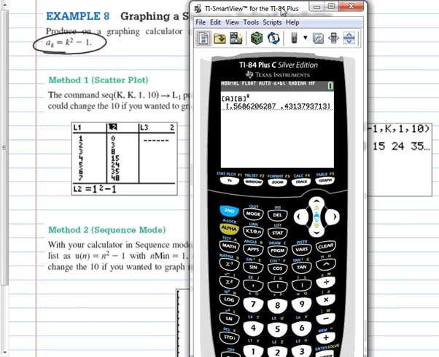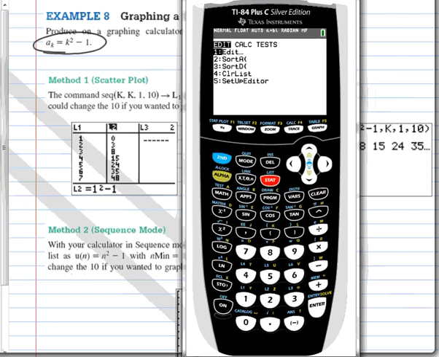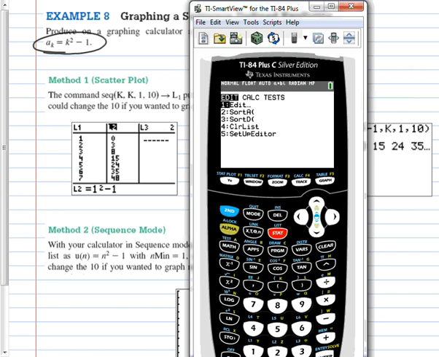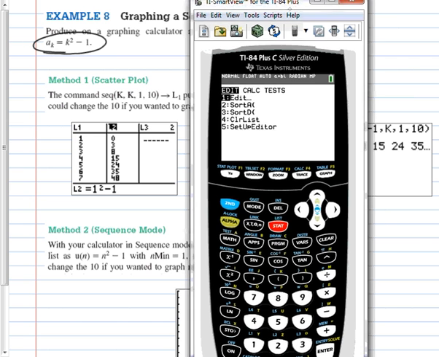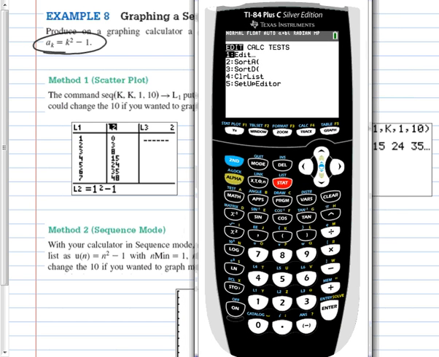Now, we're going to learn a way to put these numbers in, since we're just counting up by 1, without actually going 1, 2, 3, 4. We're going to learn a little notation that we're going to use. So go ahead and hit your stats and go to, you want to maximize that thing. Hit your stats and go to edit a list.